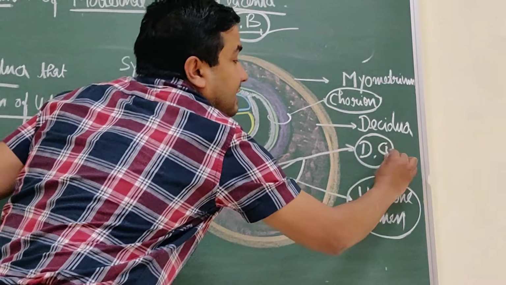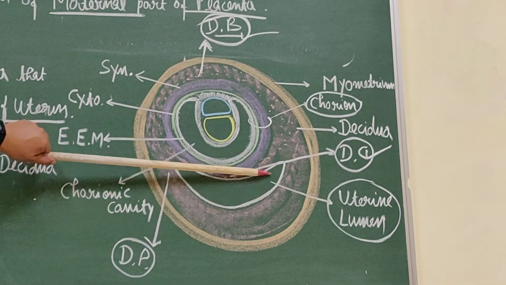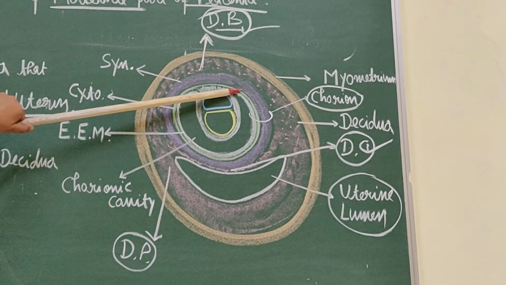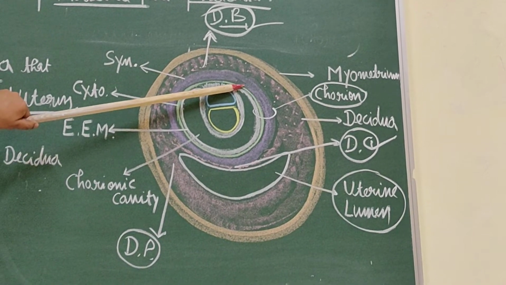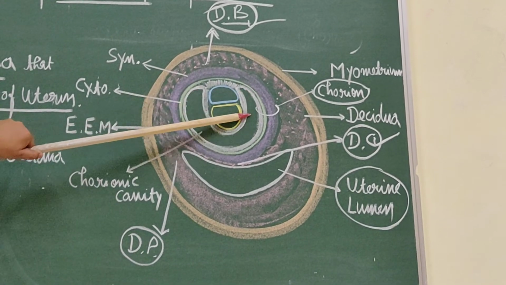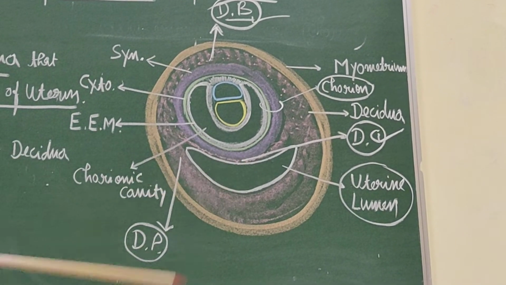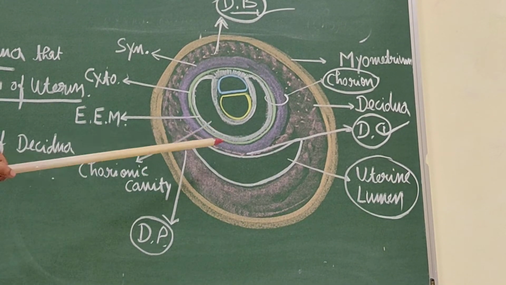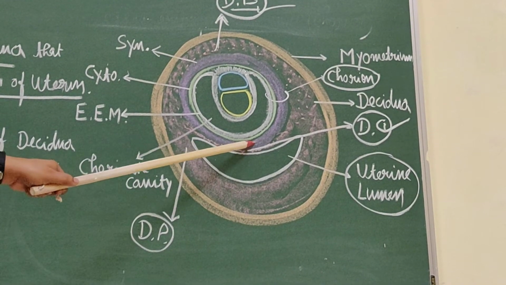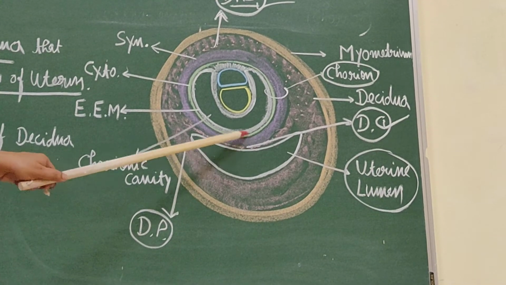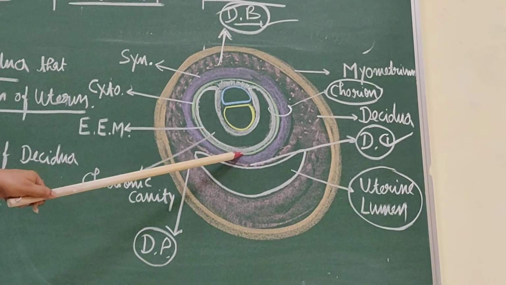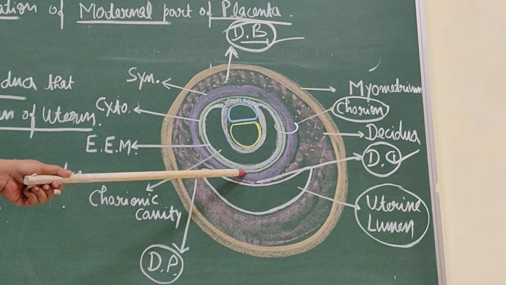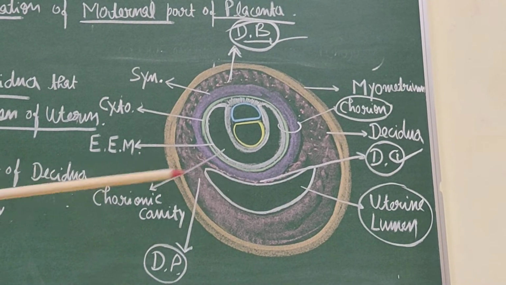This part of the decidua superficially covers the blastocyst and separates it from the lumen, or we can say it is the part of the decidua related with the abembryonic pole. This is the embryonic pole, and its opposite side is the abembryonic pole. So both points are right.